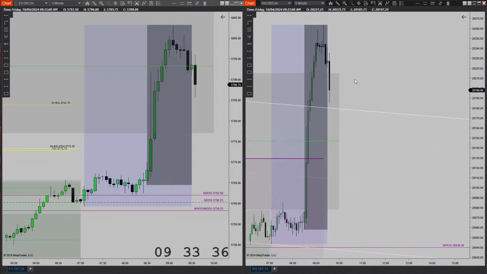We have this gap here. I'm not going to look to hold much, so I'm just going to cover it here. Nope, I'll stick to my plan. If price slices through here, I'll move my stop up to break even.